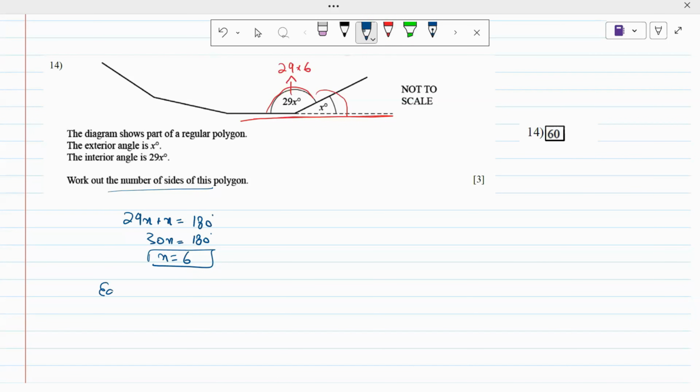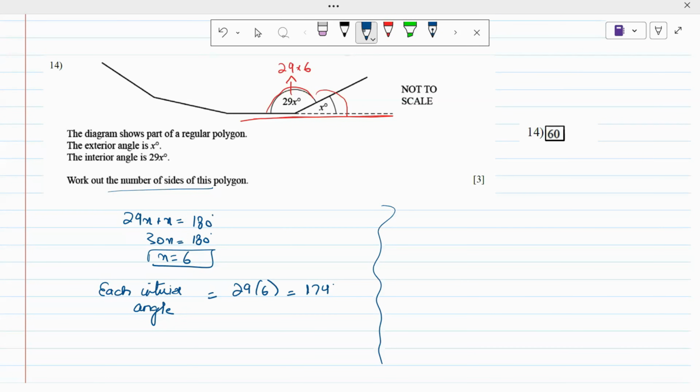So each interior angle is 29 times 6, which is 174. So we get each interior as 174.